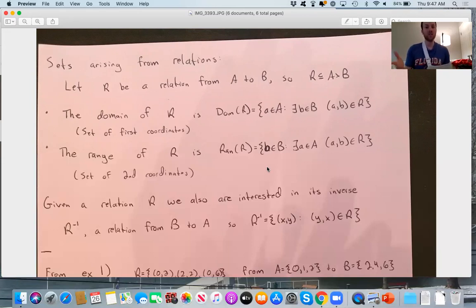They're the B's where there's something in A which is related to B. And again, there could be a lot of things in A that relate to a single B, but we just need one of them. But if there's some B which isn't related to anything in A, that won't be in the range.